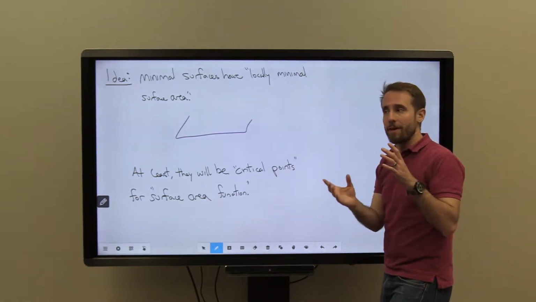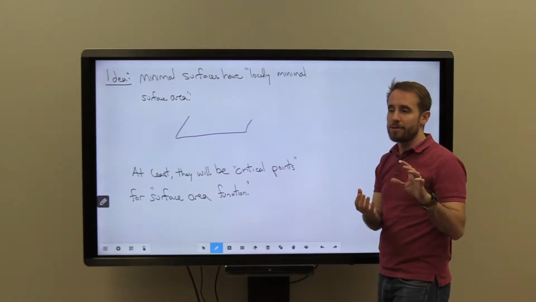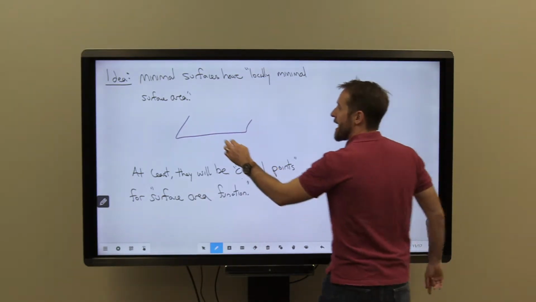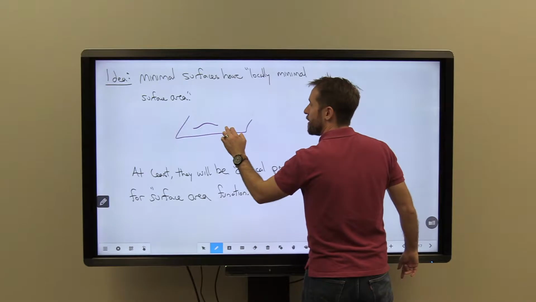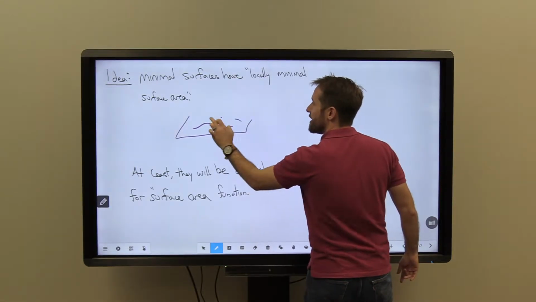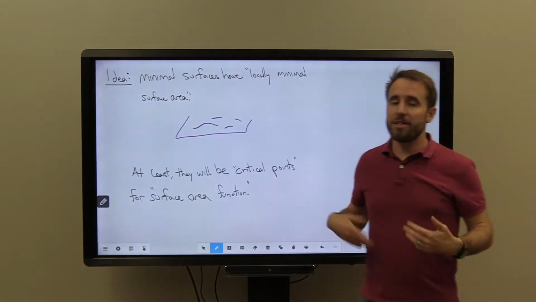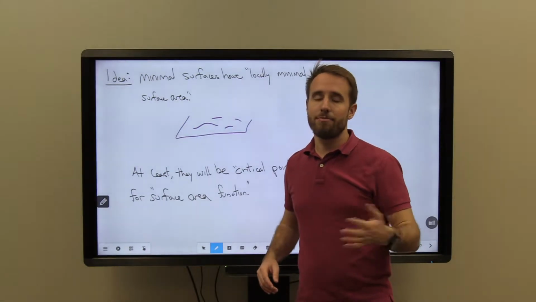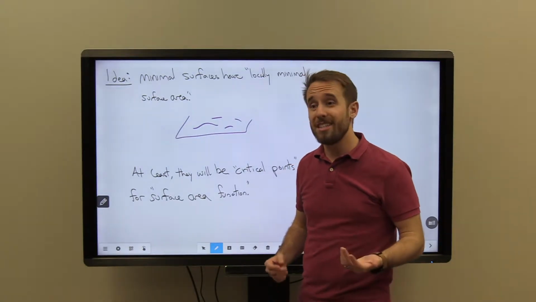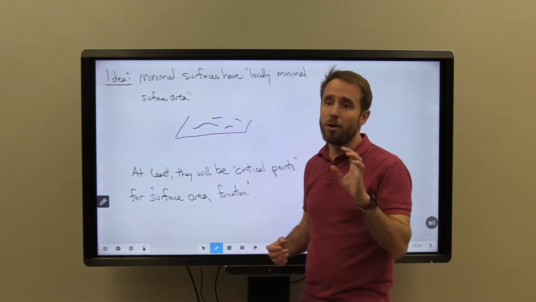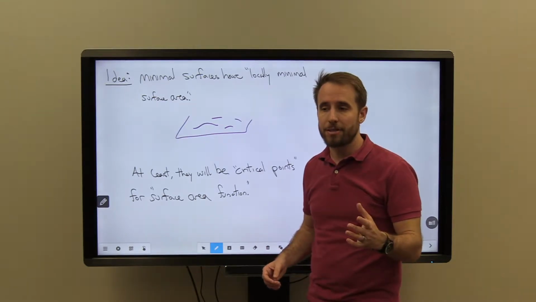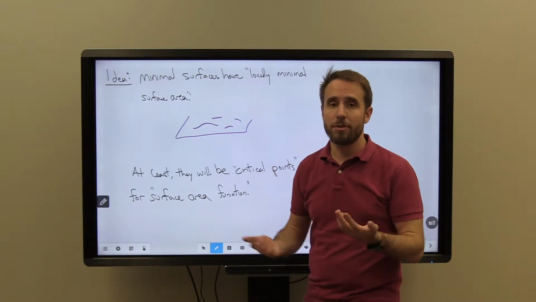And if I changed the surface in a local manner, so if I added a little bit of bumps to it or something like that, that would necessarily increase my surface area as opposed to decrease it. So small local changes in the surface will result in additional surface area.